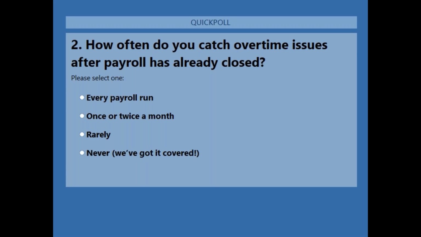Is it rarely or never? I got this covered. I'm just curious, how often do you catch those overtime issues? Because overtime is costly. Sometimes in budgeting we try to predict overtime, but we don't always get it right. Then that can screw up budgets, and it ends up a really slippery slope.